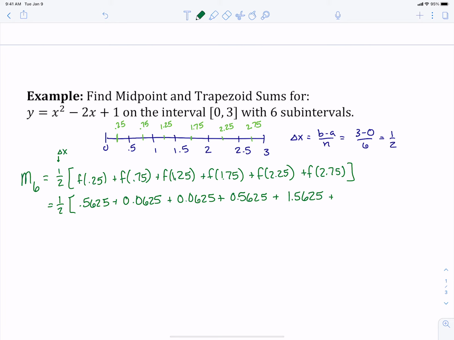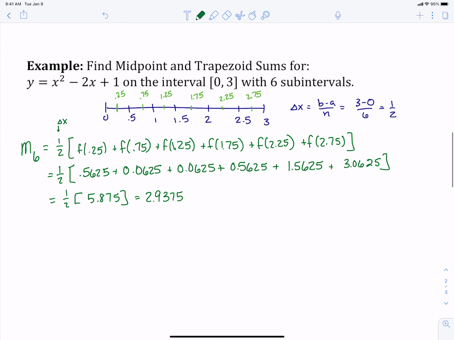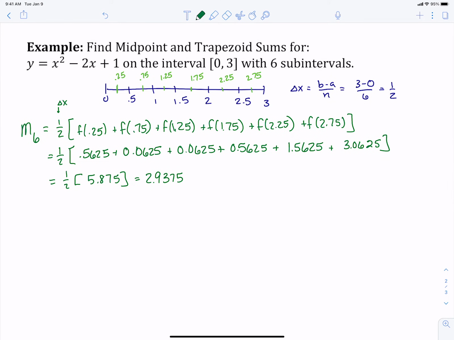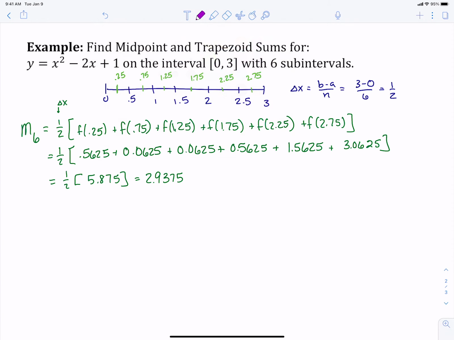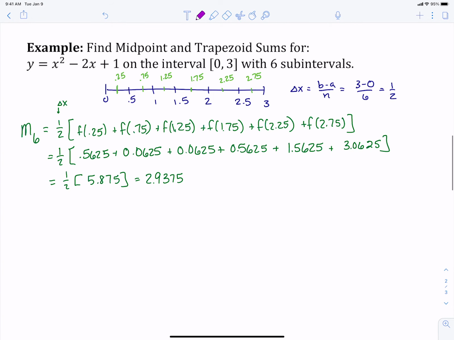But remembering that each of these are giving us the heights of those rectangles. We add them all up, we multiply them by our delta x, and we get 5.875. That's our height there. Our heights all added up, and then we get 2.9375 for our approximate area with that Riemann sum midpoint.